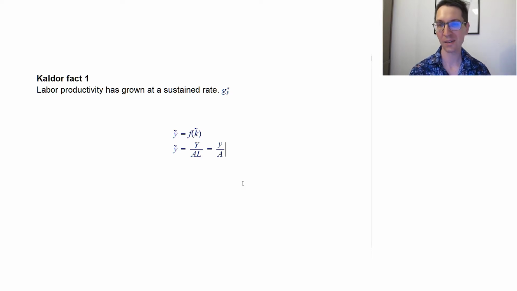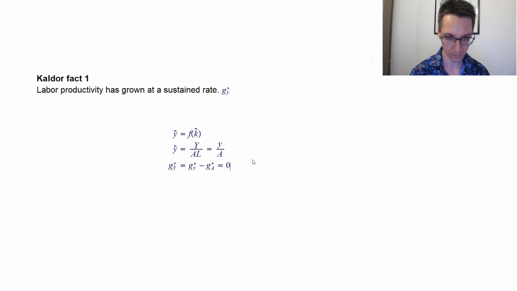And now we have everything we need. So on the balanced growth path, g star of Y tilde is equal to the growth rate of Y minus the growth rate of technology A, and it is equal to 0.